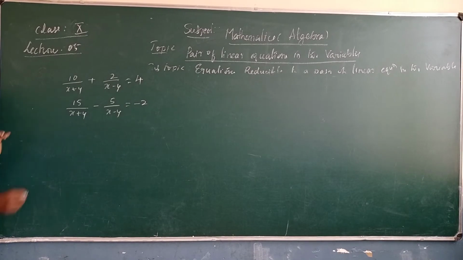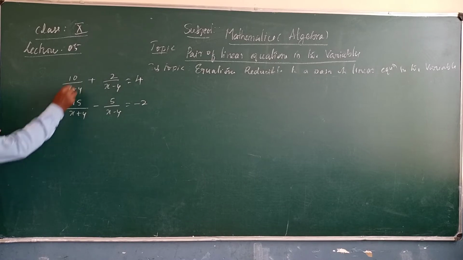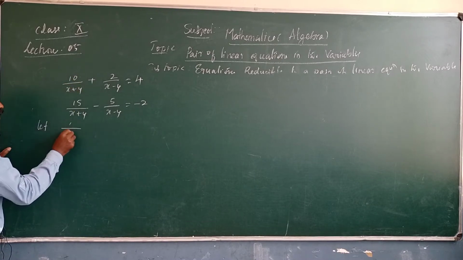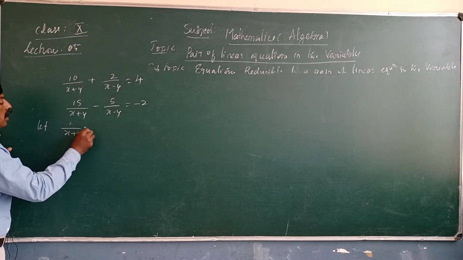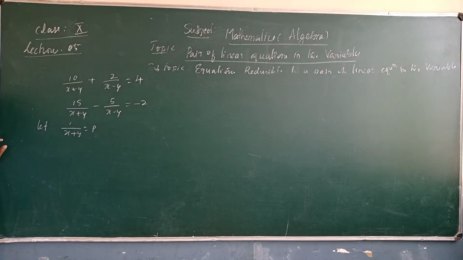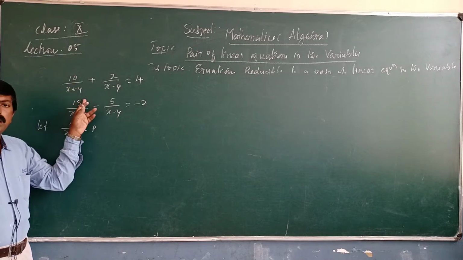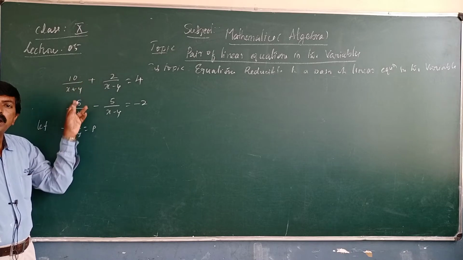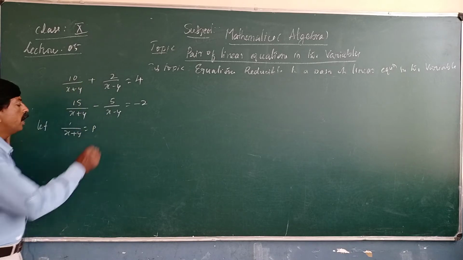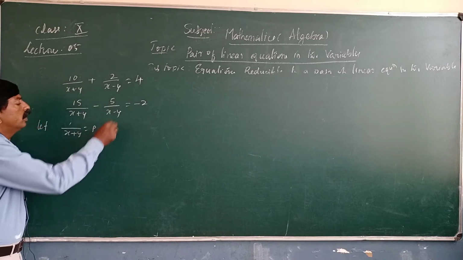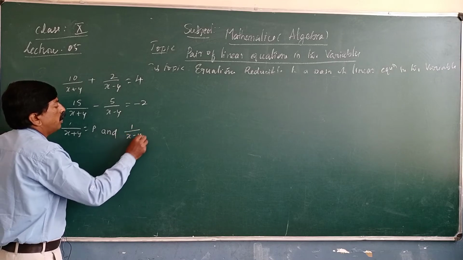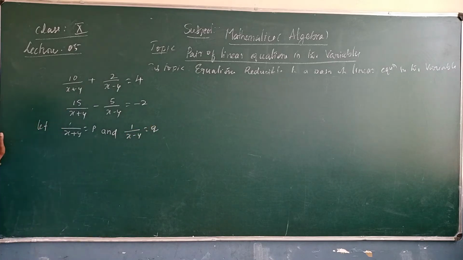Let us take 1 divided by x plus y is equal to p, and 1 divided by x minus y is equal to q.